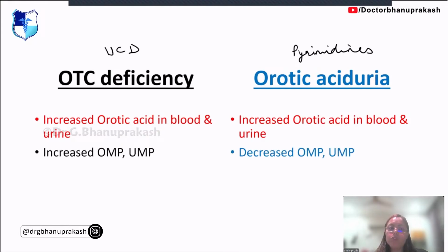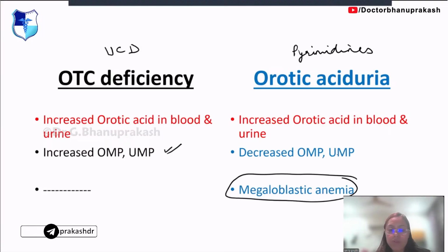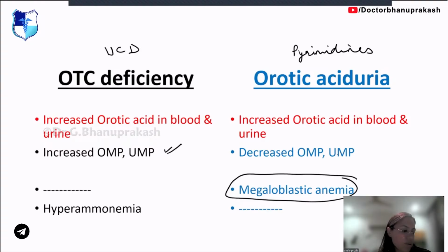See how to distinguish. If there is increased OMP and UMP, it is OTC deficiency. If decreased OMP and UMP, it is orotic aciduria. If megaloblastic anemia, it is orotic aciduria. If hyperammonemia is present, then it is urea cycle defect, OTC deficiency.